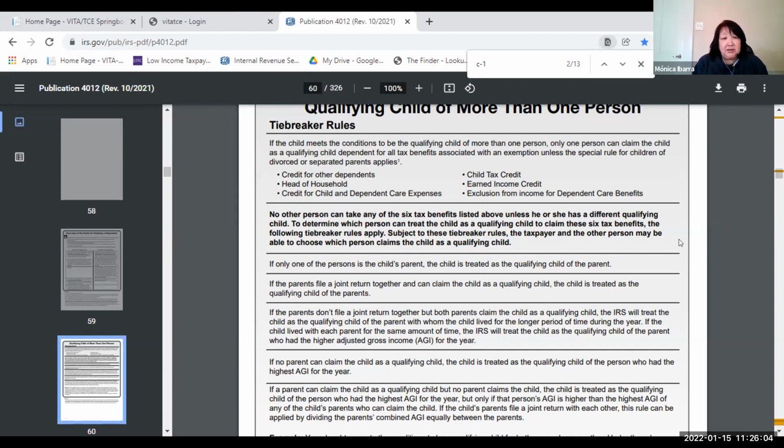It's just that the return needs to be mailed because it can't be e-filed. Somebody's already used that child as a dependent for e-filing purposes. My recommendation to everybody who is having a taxpayer mail a return is to send it some trackable way. You can send things first class mail.